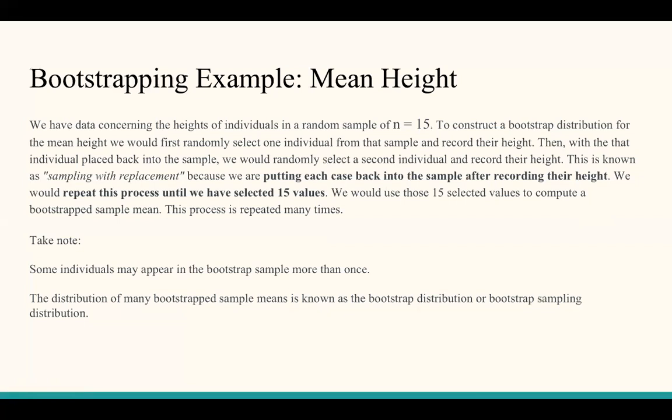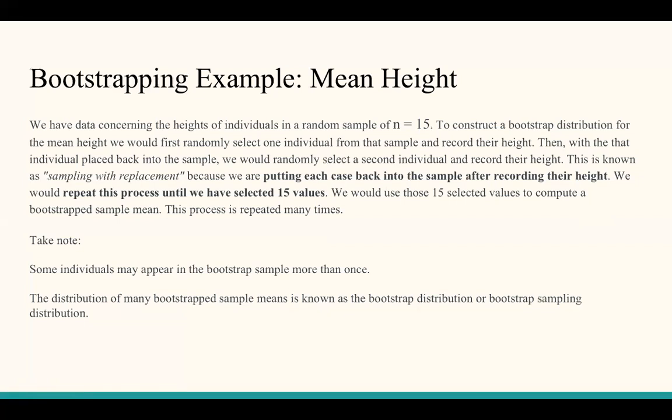Another important thing in bootstrapping is that you select the same number of values. So if you have a random sample of 15, your bootstrap sample would also equal 15. We take those 15 selected values and we can compute a bootstrap sample mean.